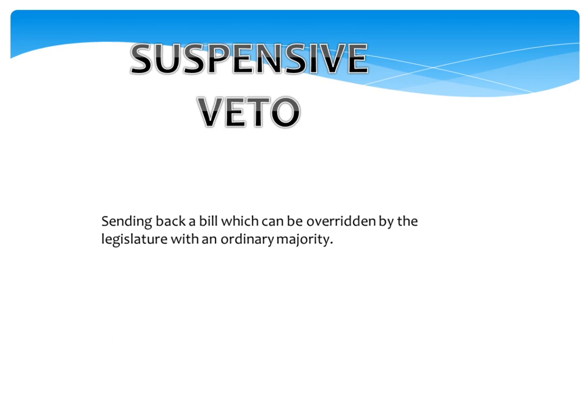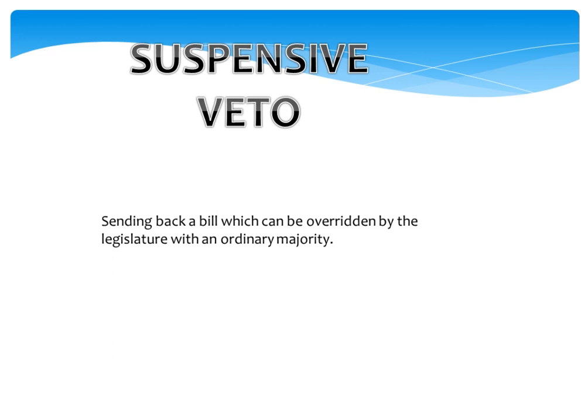What is the qualified veto? A qualified veto is sending back the bill, which can be overridden by the legislature with a higher, special majority. And in the suspensive veto, the bill is sent back and can be overridden by the legislature with an ordinary majority, like a simple majority.